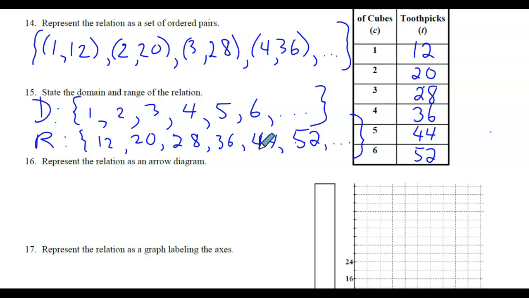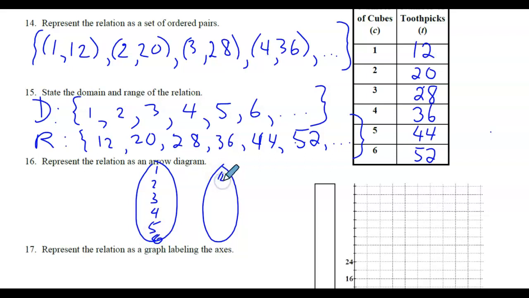As an arrow diagram, you have to write a little bit small. So you have your one oval, your other one, and then 1, 2, 3, 4, 5, 6 will fit in what was in our chart. This I'll have a little bit harder time with, my stylus isn't working.